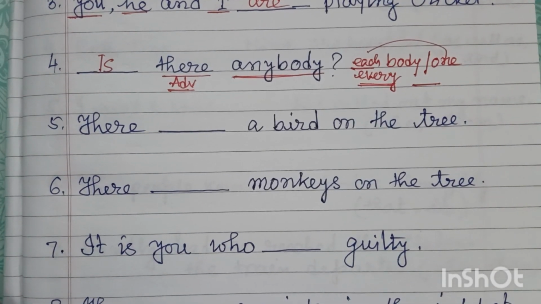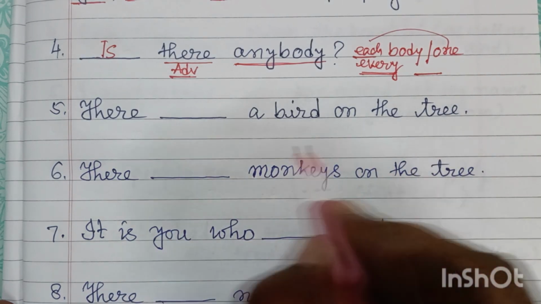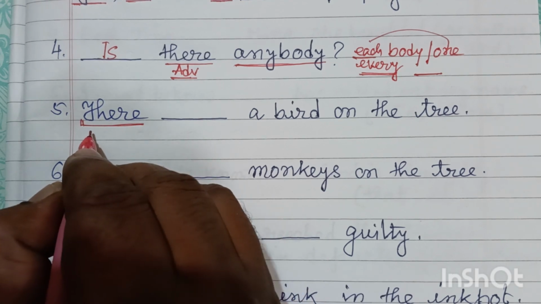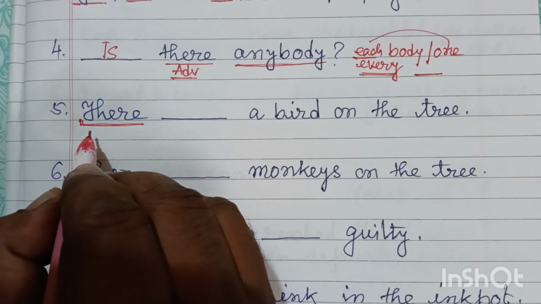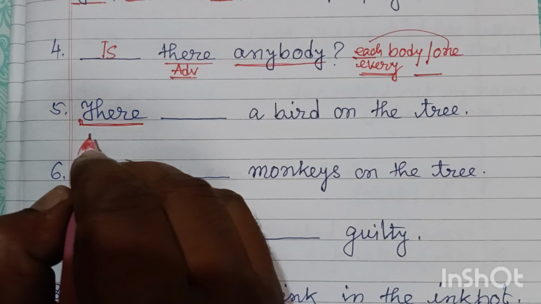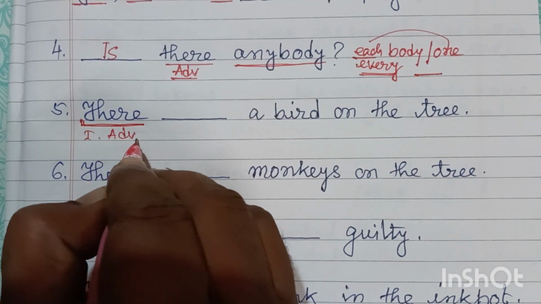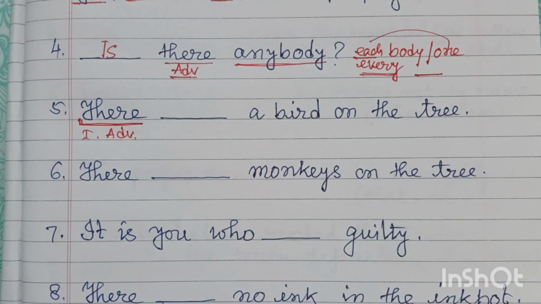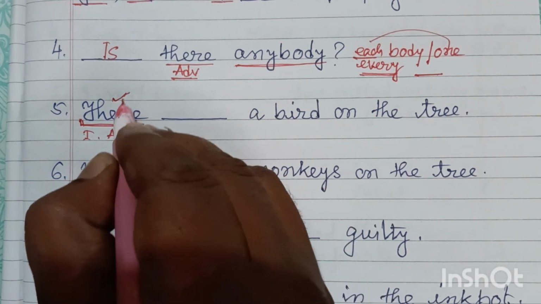Now in question number 5, friends, you can see there dash a bird on the tree. My dear friends, this term is an introductory adverb. Sometimes whenever we want to introduce something, at that time we use this term. So we cannot use the verb according to this word.